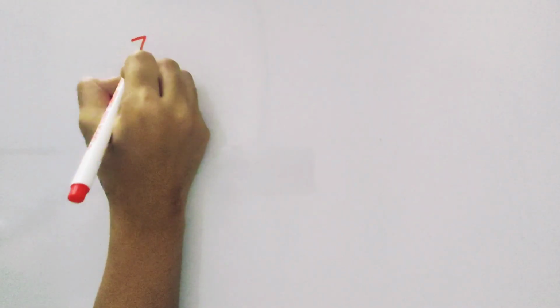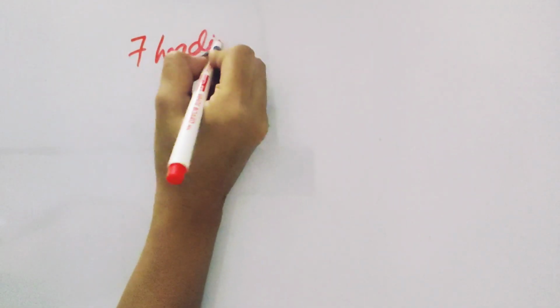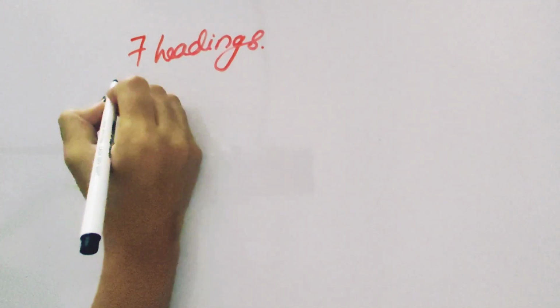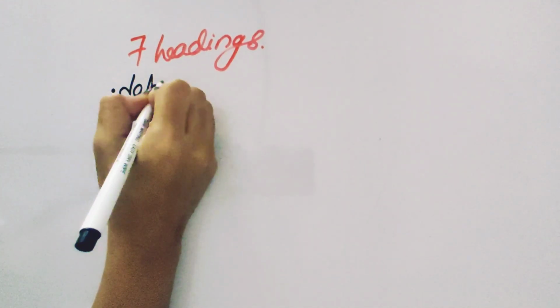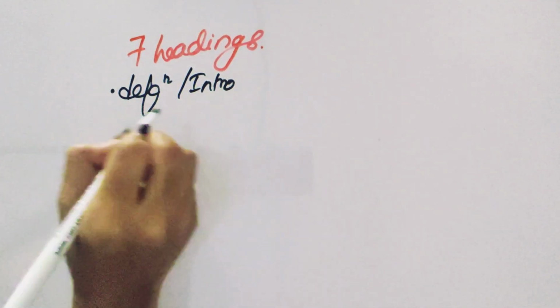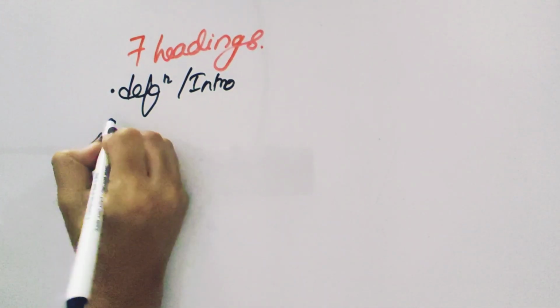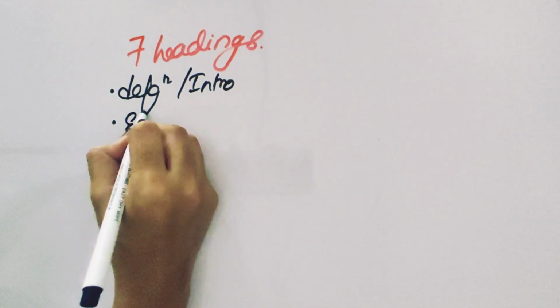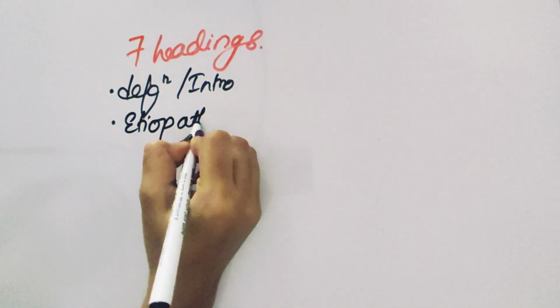We will be discussing every topic in 7 headings. So what are those headings? Firstly, I would need a definition or an intro at least for the topic or the subtitle you have been given. And then we will be telling about the etiopathogenesis.